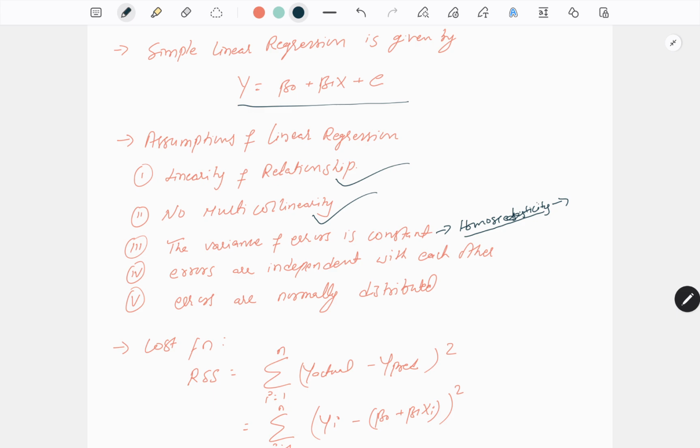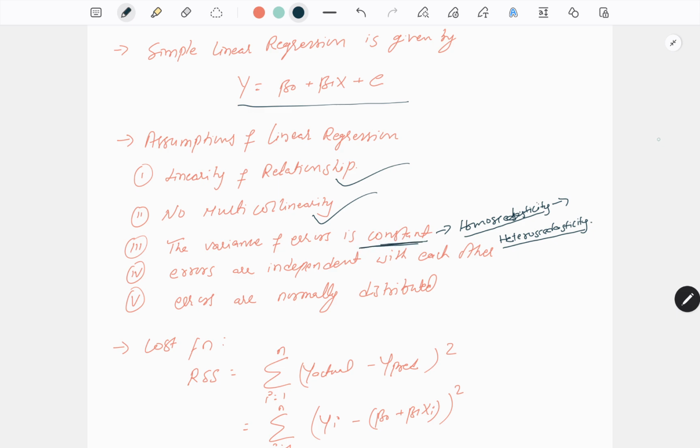When there is a violation of this, for example the variance of error is not constant but varying, then that case is said to be heteroscedasticity. These are the two new terms related to this particular assumption.